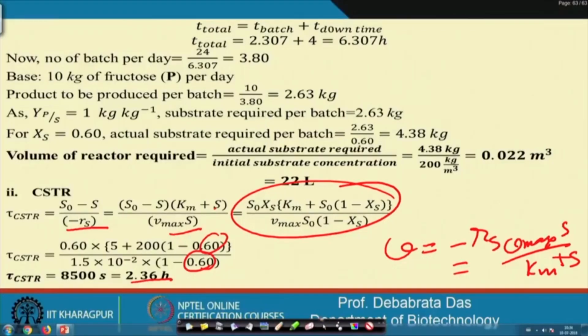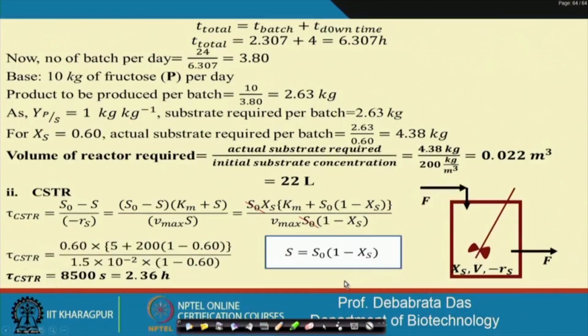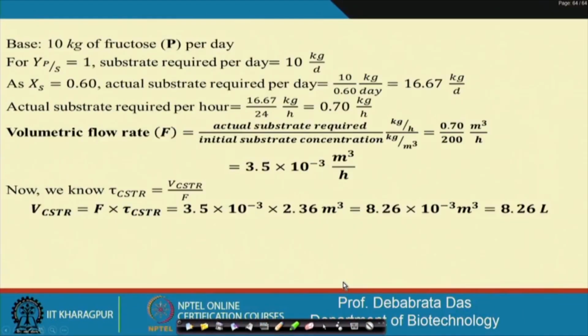Now let us see how we can find out the volume of the reactor. How we can find out the volume of the reactor? Now I can write tau CSTR equal to volume of the CSTR by F. F is the volumetric flow rate.